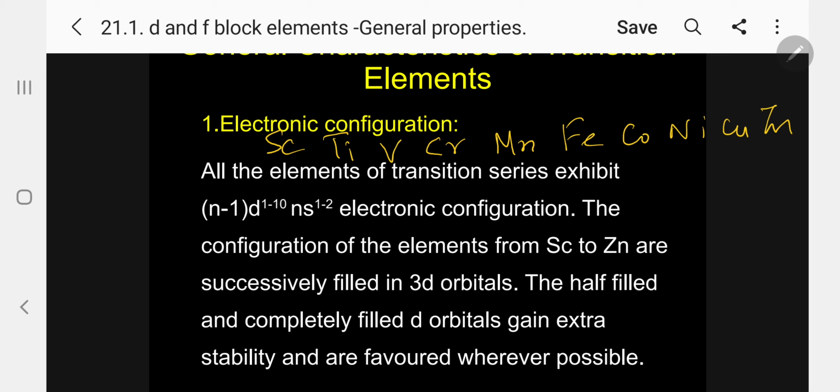These are the 10 elements, kindly follow. Just see: 1, 2, 3, 4, 5, 6, 7, 8, 9, 10.